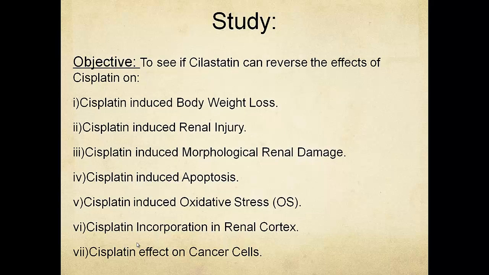Whether cilastatin can prevent cisplatin-induced renal injury, whether it can change cisplatin-induced morphological renal damage, what the effect of cilastatin is on cisplatin-induced apoptosis, on oxidative stress, on incorporation in the renal cortex, and finally what the effect of cilastatin is when used together with cisplatin on the cancer cells.